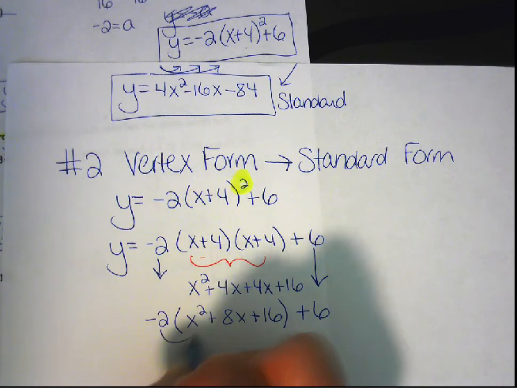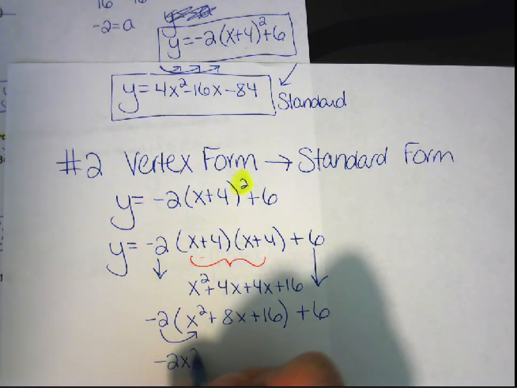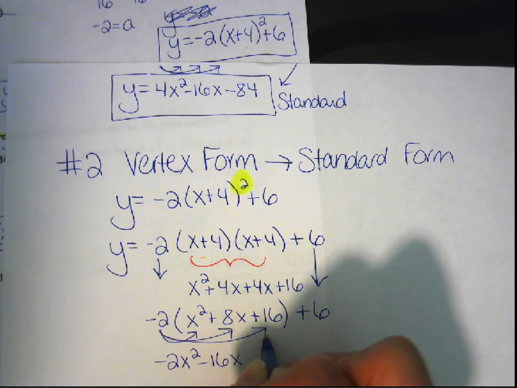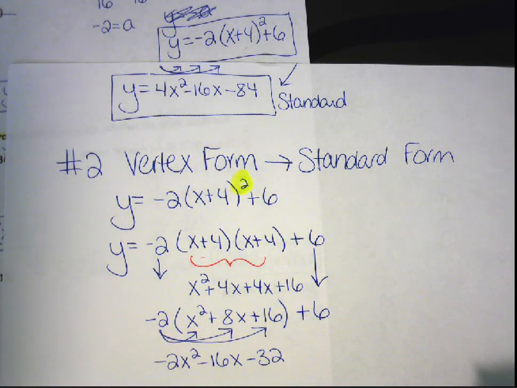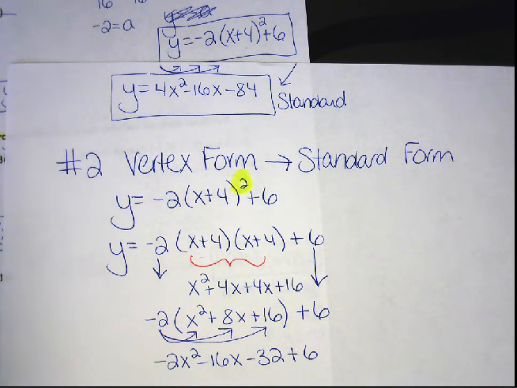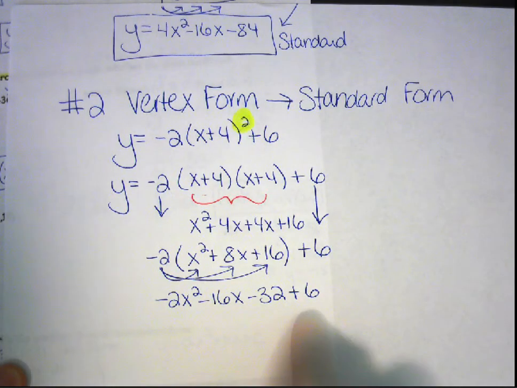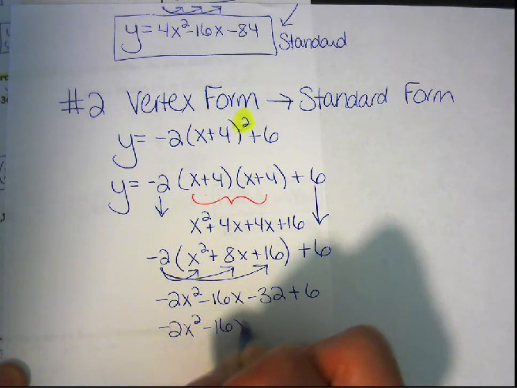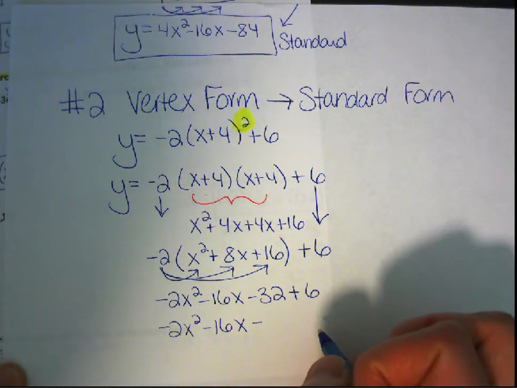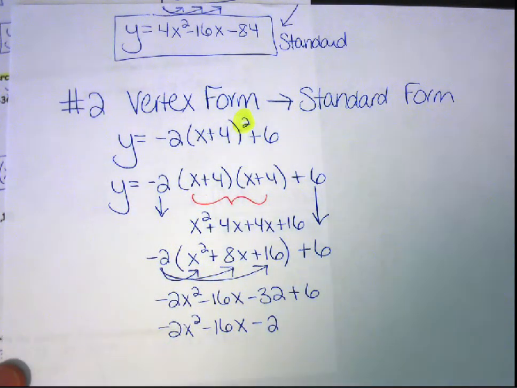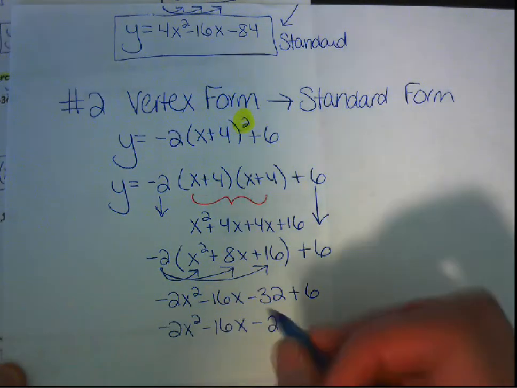So I'm going to take this negative 2 times the parentheses, and it stops at the end so it doesn't affect the 6. And now I just have to add the 6 on. So that would be what? A minus 26, 32 minus 6. I have to think about that for a minute. Yeah, 26, that was right.